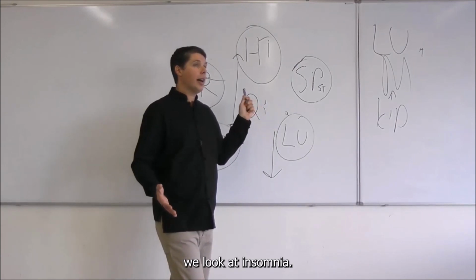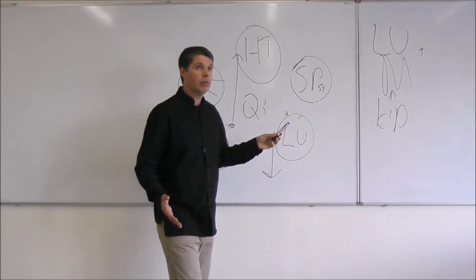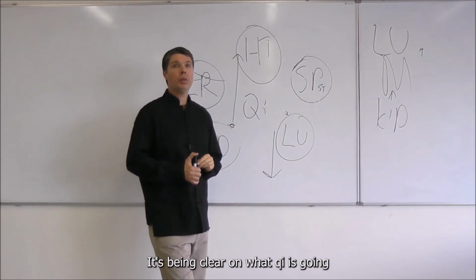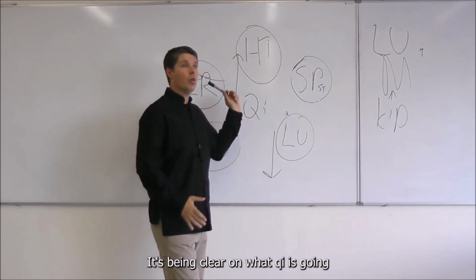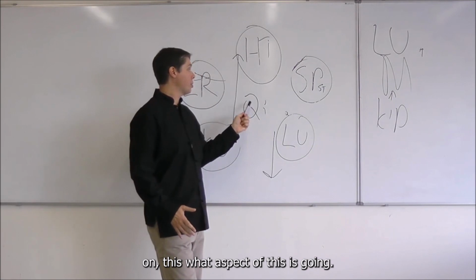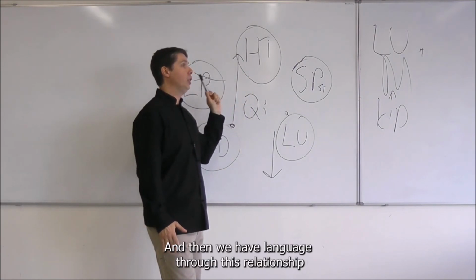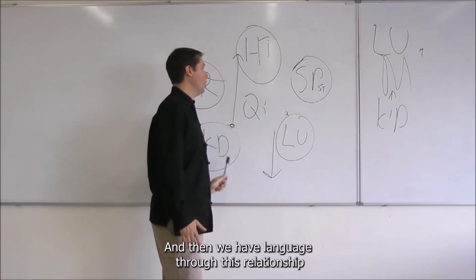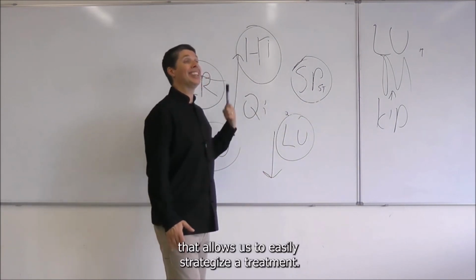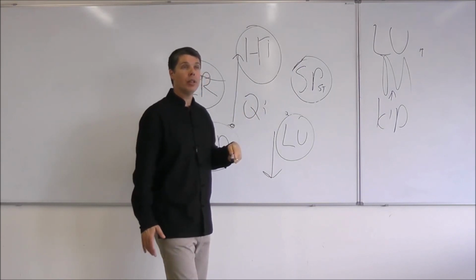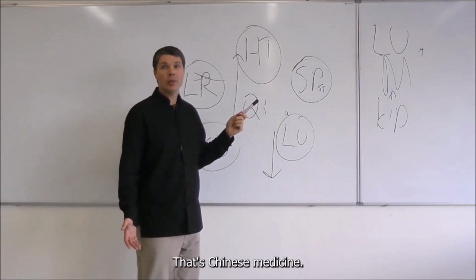So, when we look at insomnia, there is a protocol for insomnia. It's being clear on what qi is going on. What aspect of this is going on, and then we have language through this relationship that allows us to easily strategize a treatment. That's Chinese medicine.